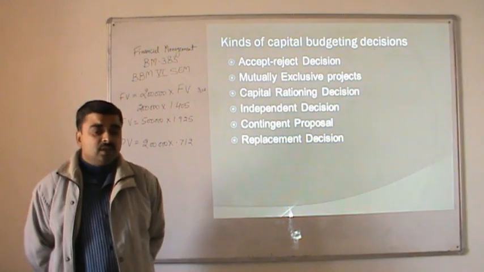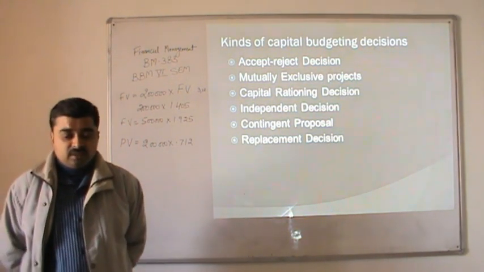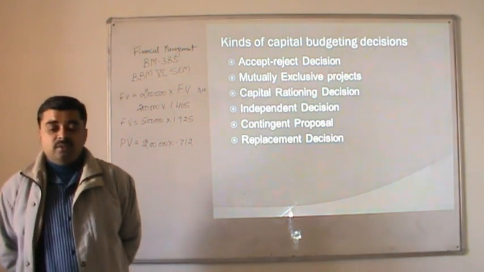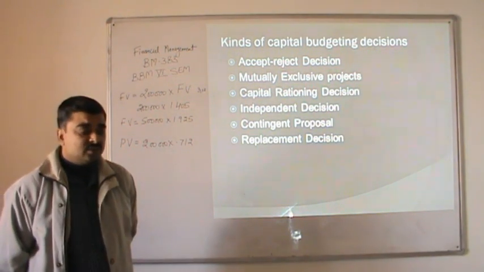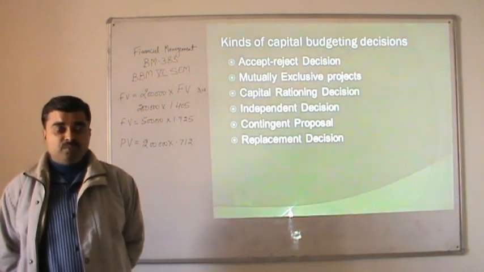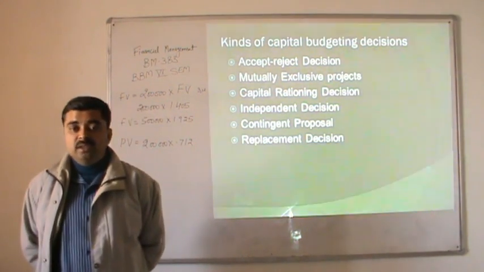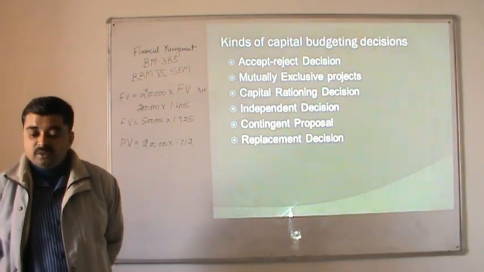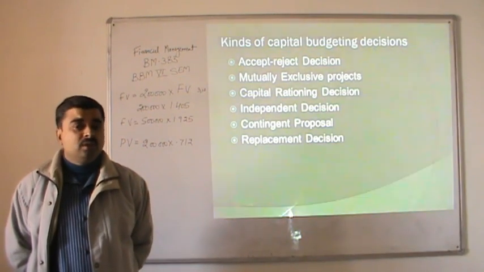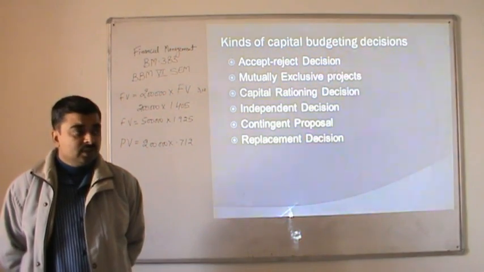So if there are two projects and both are going on simultaneously, mutually exclusive projects are the projects which have no relationship with each other. So one will be executed and another may be delayed, then there will be no problem, no impact on each other. That is called a mutually exclusive project.